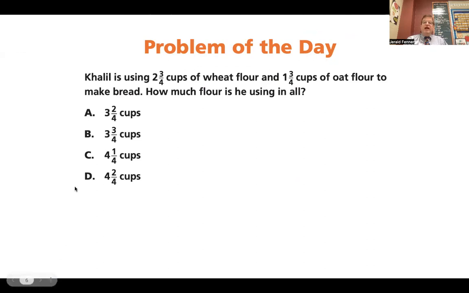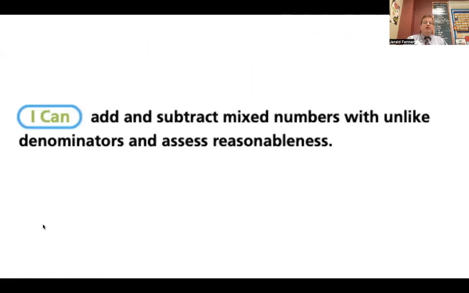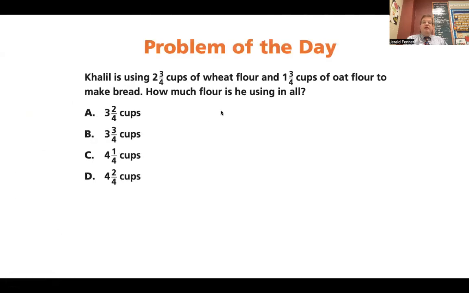If you look at the actual problem here, we first need to highlight the important information. And we need to know how much flour he is using in all. Now, this might seem difficult because it has mixed numbers, but they both have the same denominator.